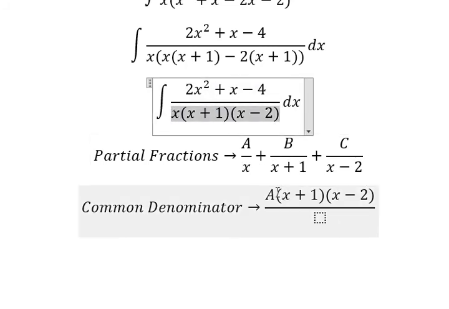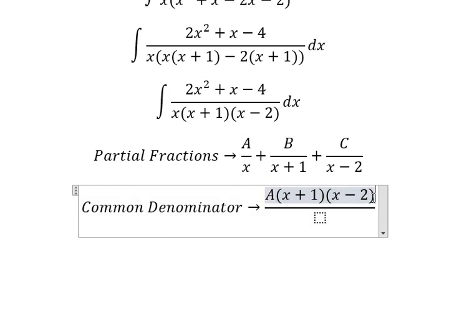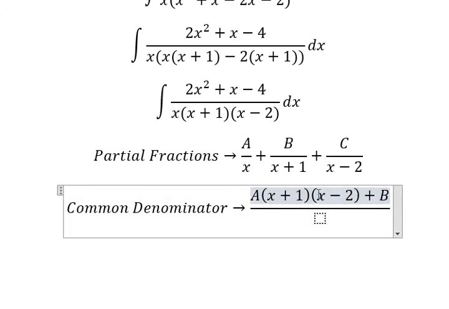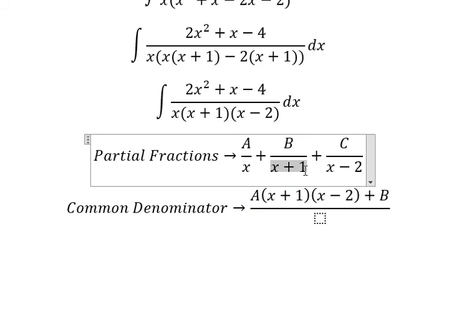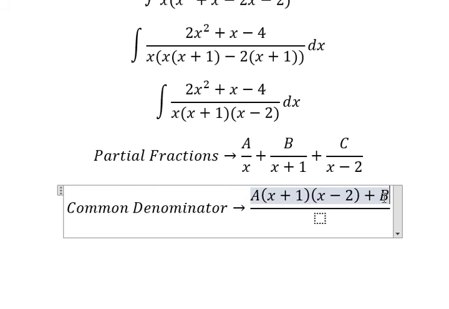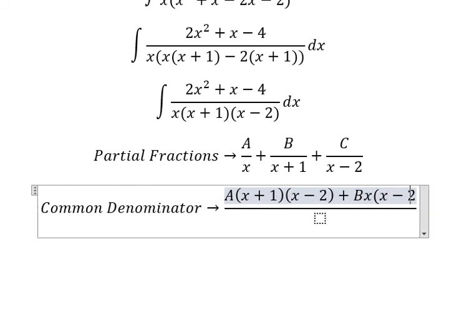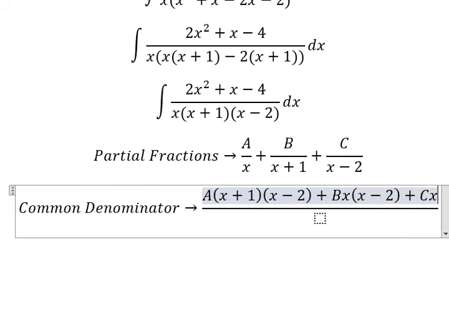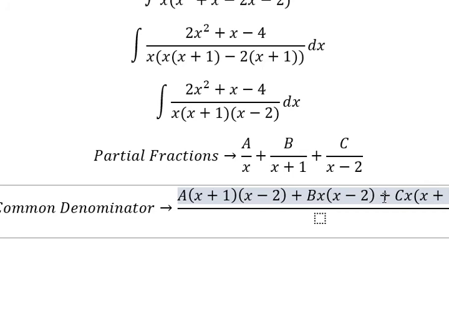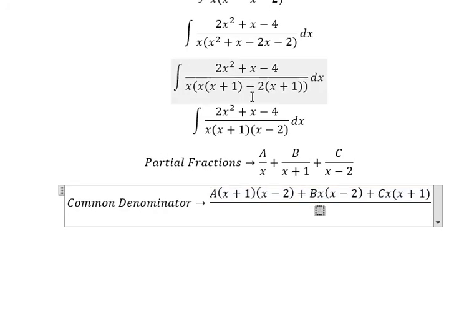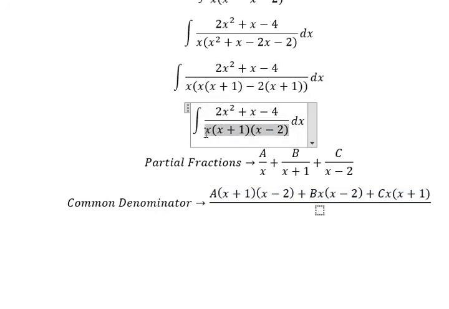That's why we need to multiply by this one. Similar for the next one. About B, we have S plus 1, but we are missing S and S minus 2. So we multiply by S with S minus 2. About C, that's S with S plus 1. Denominator, that's this one in here.